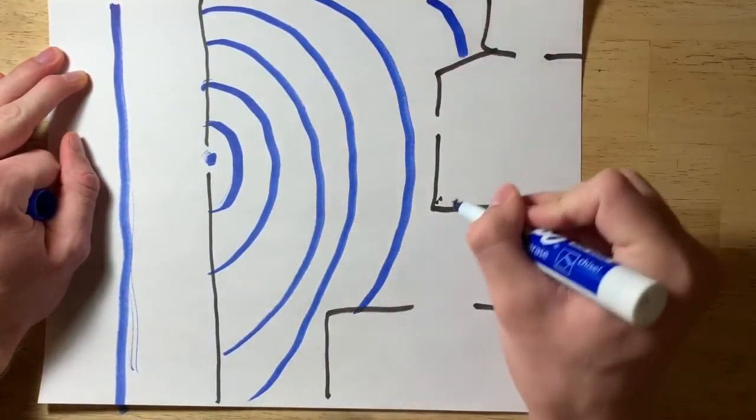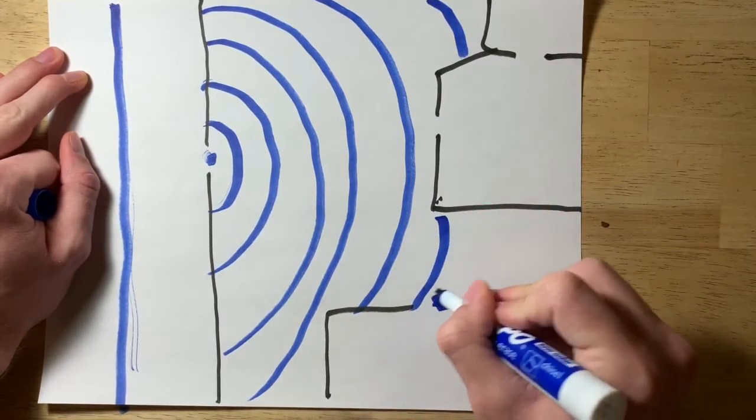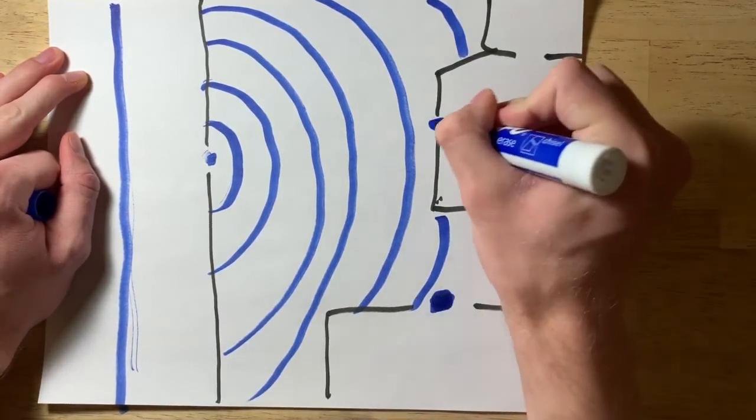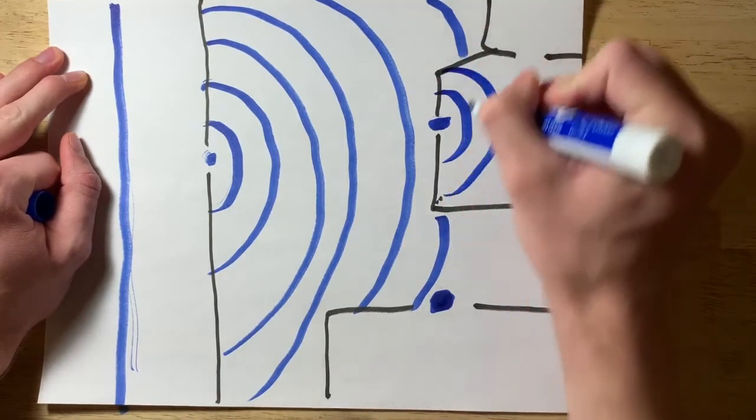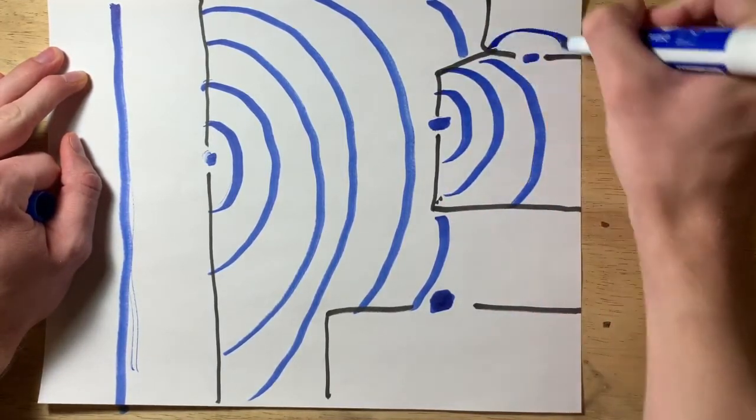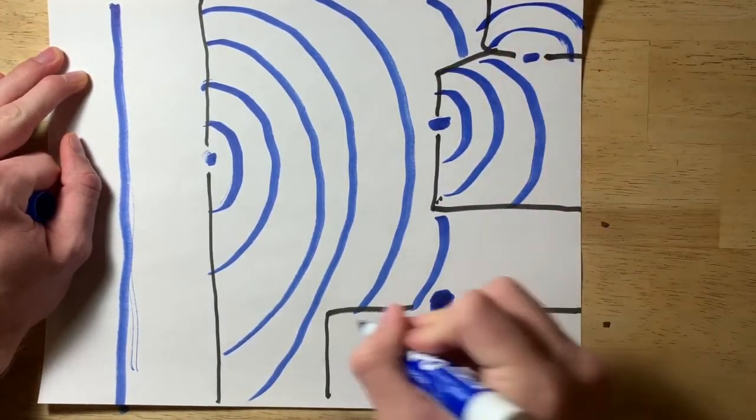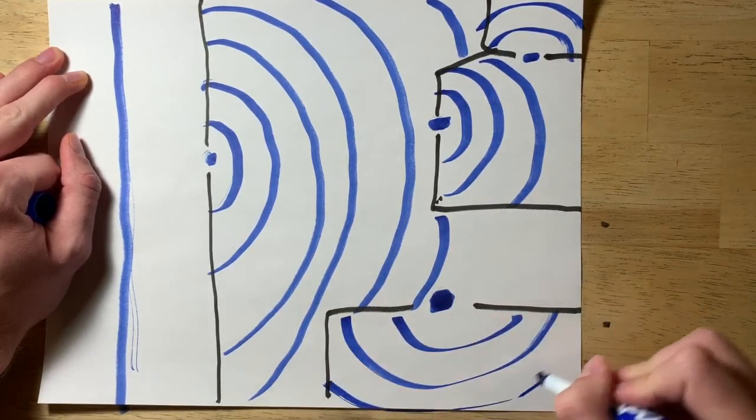When it gets to these points, any point on the wave will make a new wave. And this is how sound, light, and other things bounce around corners.